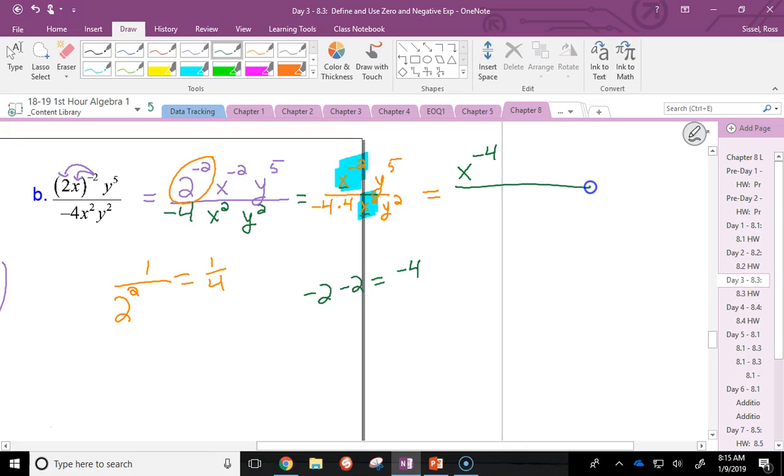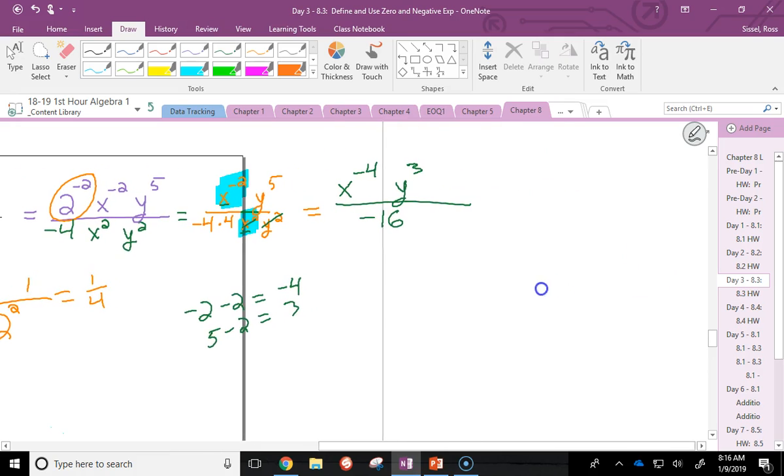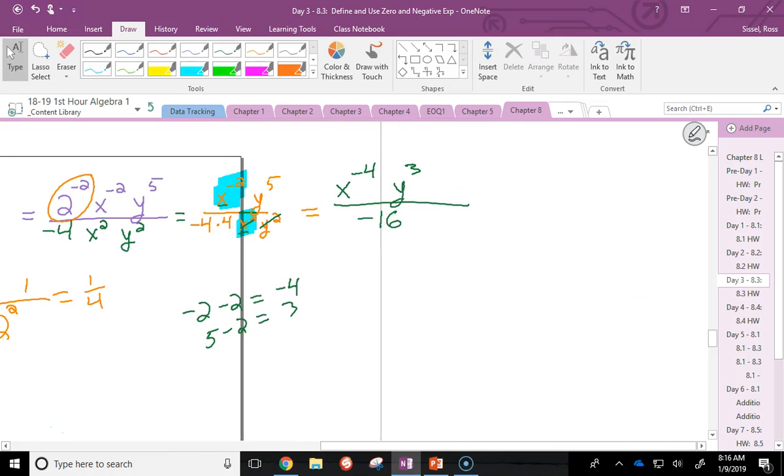My y was 5 minus 2. So that is 3. So y to the third. And underneath, these two are gone, and I still have negative 4 times 4 is negative 16. We're almost done with it now. What is the only thing I have left to do?